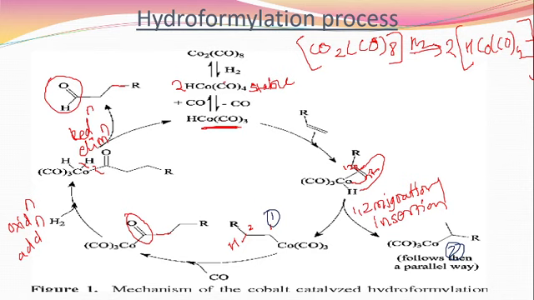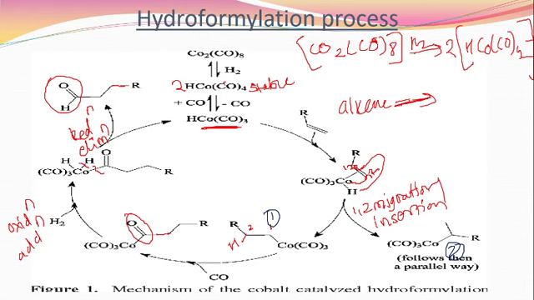Here you must know what hydroformylation is and which catalyst is used for it. For hydroformylation you can directly write this compound also, HCo(CO)3. Hydroformylation is a process useful for the conversion of alkene to aldehyde.